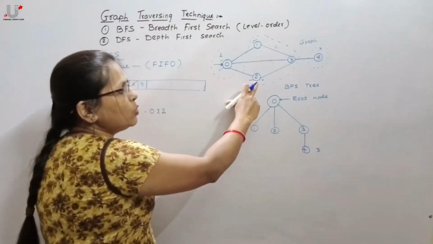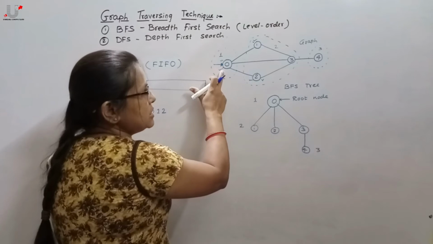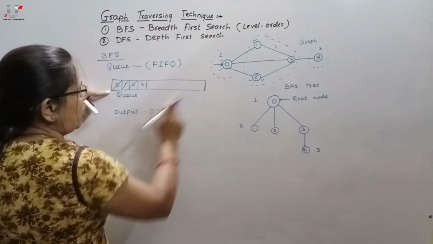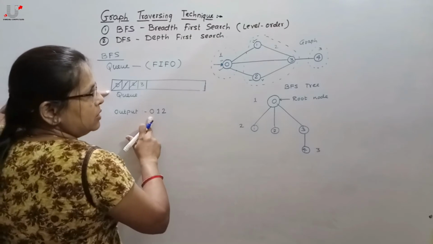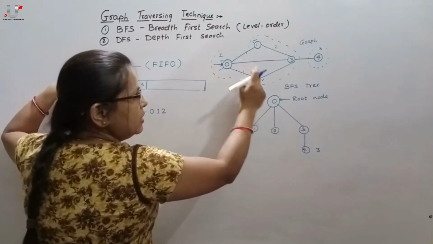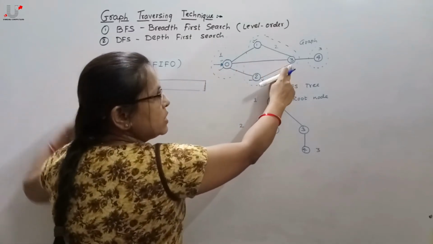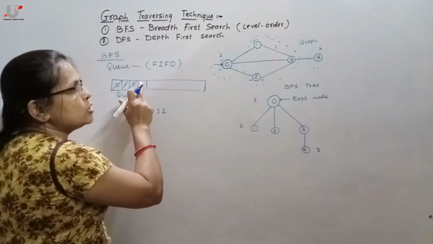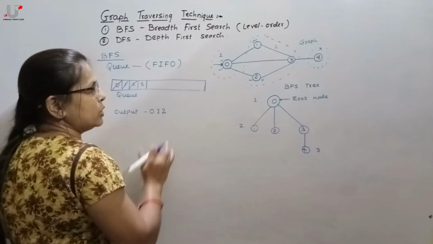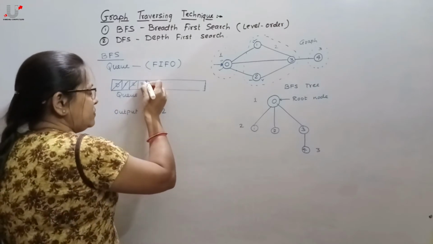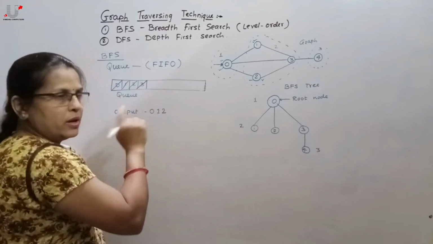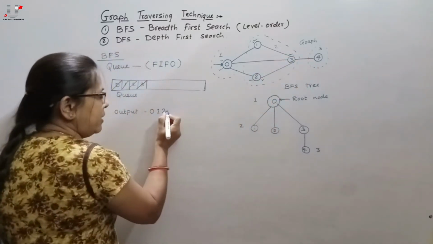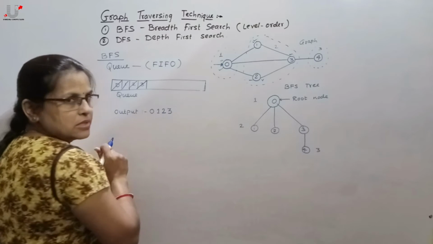The adjacent node of 2 is 0, but it has already been marked as visited or added to the output list, so don't add it again. The next unvisited node is 3, but it is still present in the queue, so don't add it again into the queue. Then remove the next node, 3, mark it as visited and add it to the output list.